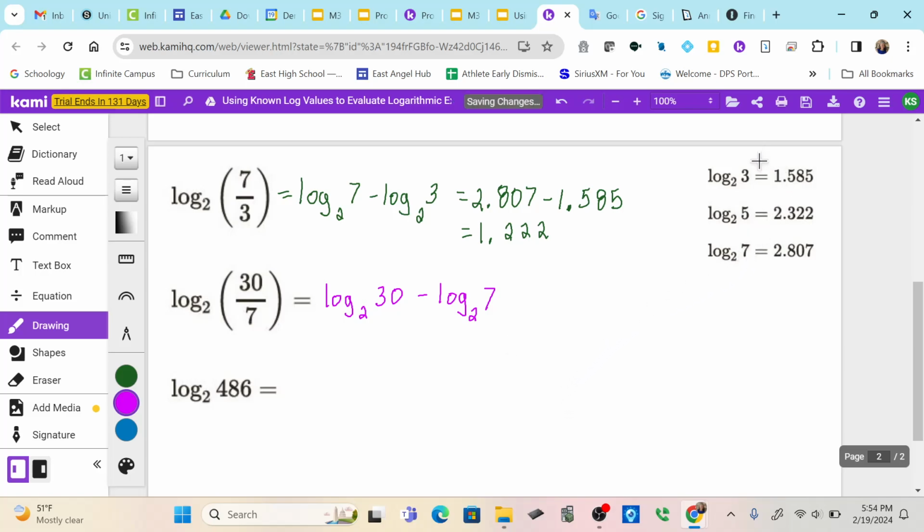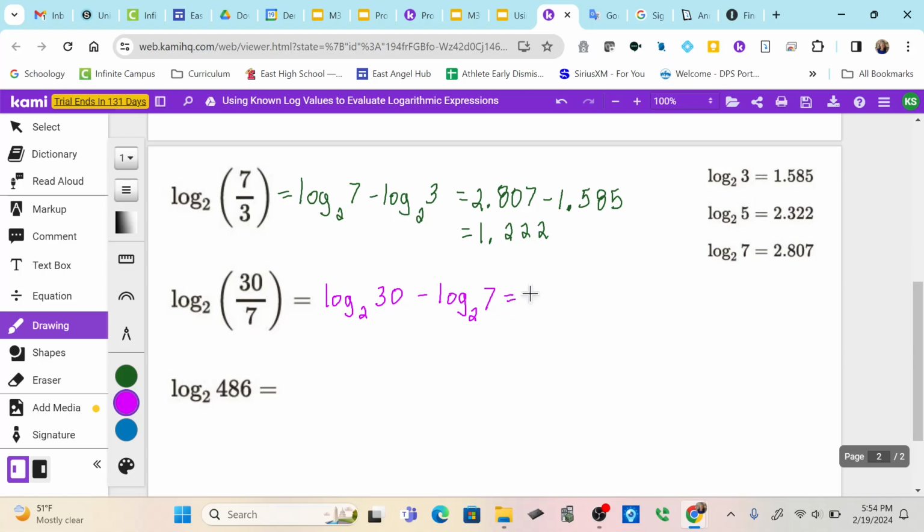Now I don't have 30 as an argument in any of the logarithms I'm given. I also know 30 is not a power of 2. I do know that 2 divides 30 evenly for a result of 15, and 3 times 5 equal 15.